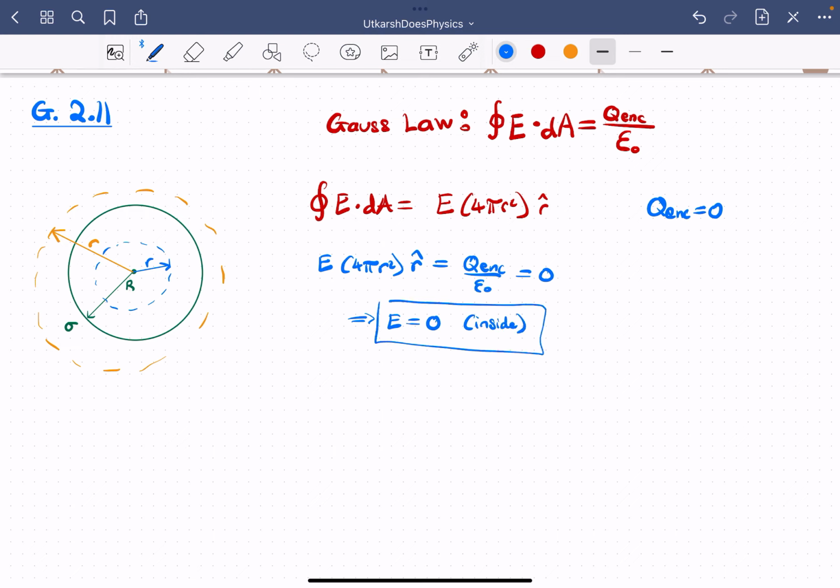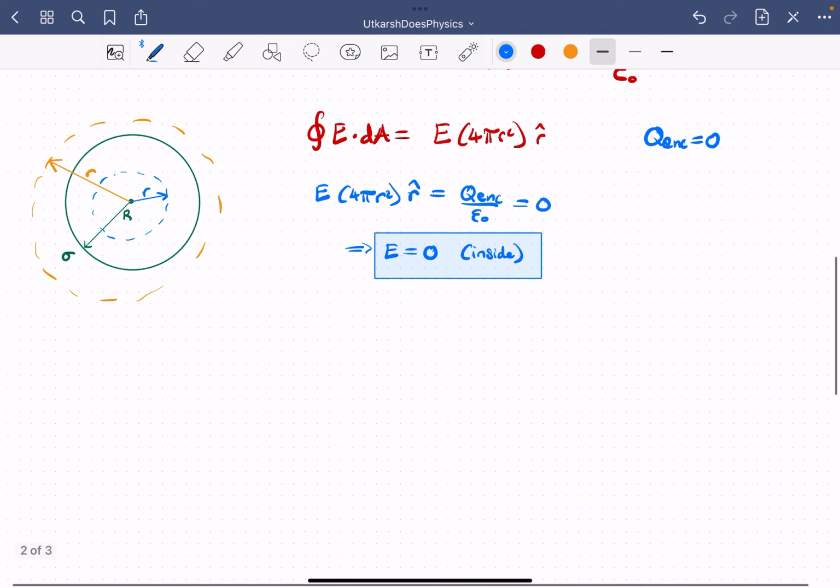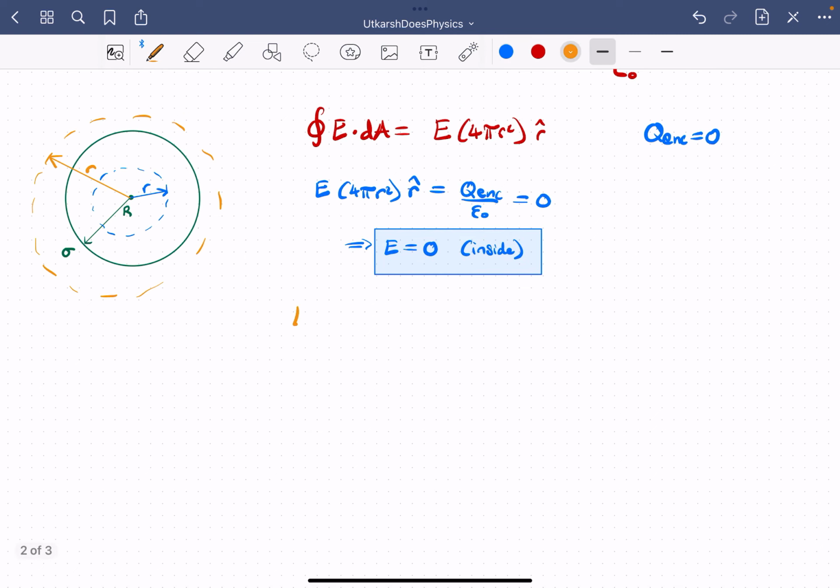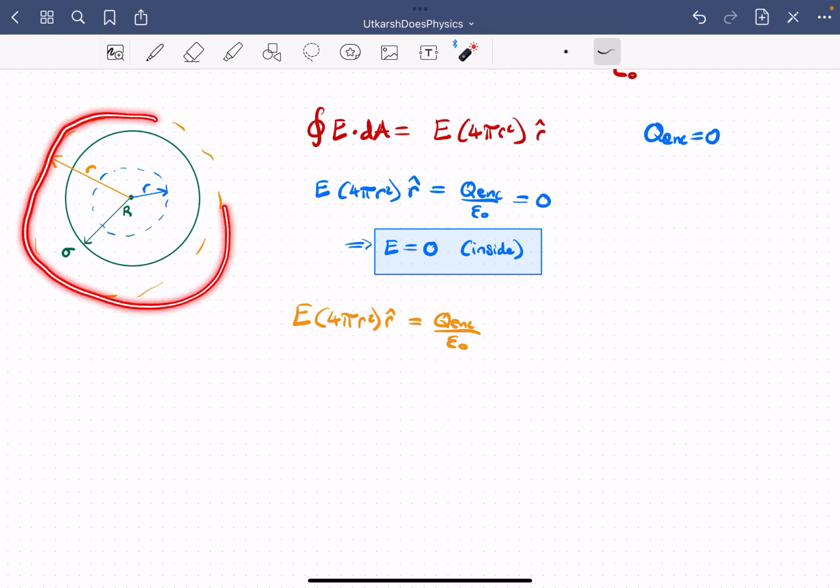So we have our first solution. Now for our second solution. E times 4 pi r squared times r hat is equal to Q enclosed over epsilon naught. So now we want to find the enclosed charge in this bigger radius, and here we're referring to this big R, whereas in this case we're referring to the blue r. So great.